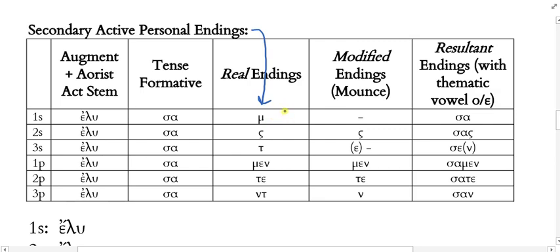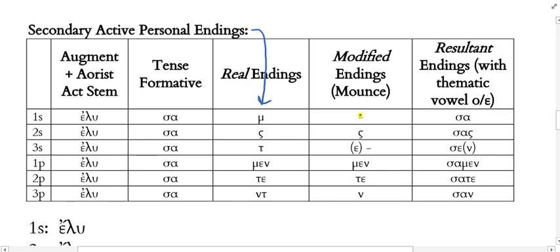We had for the present, mi, s, si, men, te, and nti. Here it's just m, s, men, te, and n. All right? That is to say the iotas of the original real endings for the primary active tenses are dropped, and we have pretty much the same otherwise. There are going to be slight modifications here.